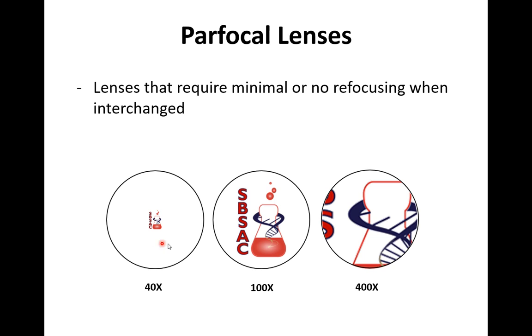So the image that you had originally at 4 times, 40 times total, will now be almost or close to in focus. We need minimal adjustment to get in focus. The same thing happens when you move from one lens to another. That's the meaning of parfocal: lenses that require minimal refocusing when you switch from one to the other. Once you have the focus with the first one, the other ones will be almost in focus once you switch.